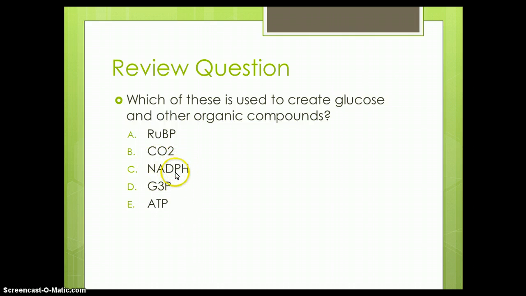So be aware of that. P stands for photosynthesis. G3P is actually the correct answer to this question. This is what's used to create glucose and other organic compounds. And ATP is the energy that our cells use. Just a little bit of ATP is produced in photosynthesis.